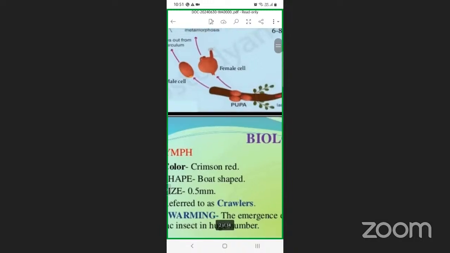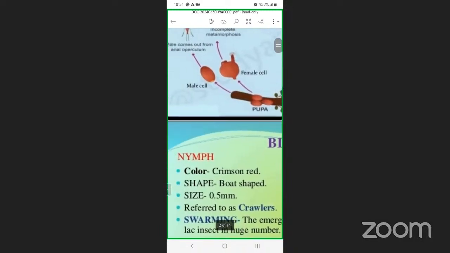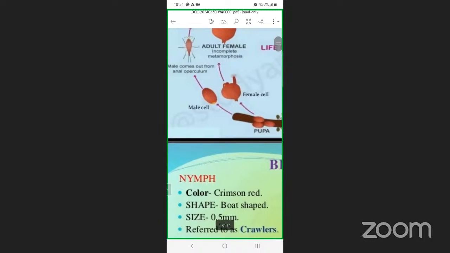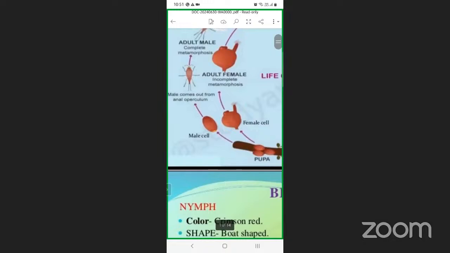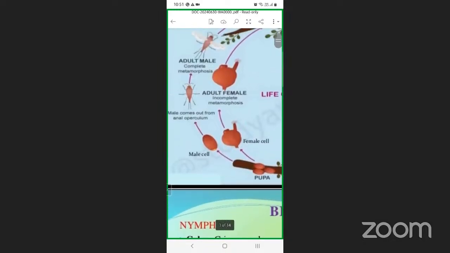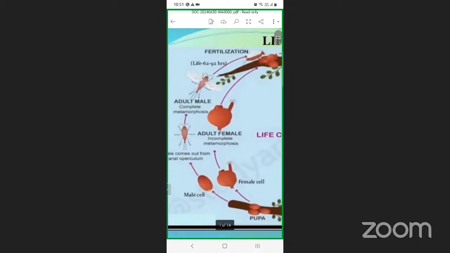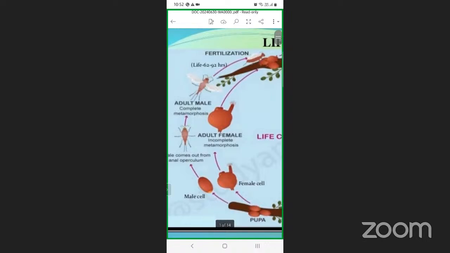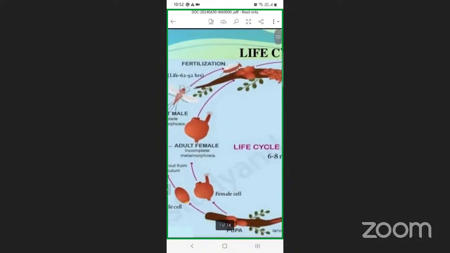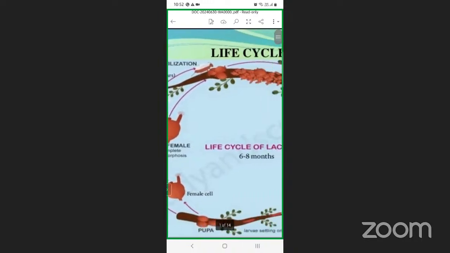Now this is a male cell and this is a female cell. The male comes out of the anal operculum, completes its metamorphosis and is able to fly, and the adult female with incomplete metamorphosis remains in the shell lac.